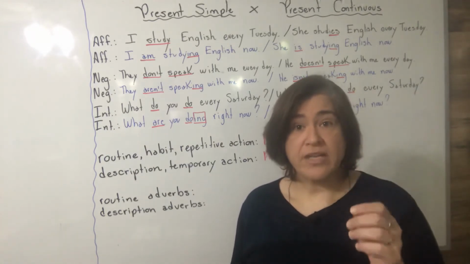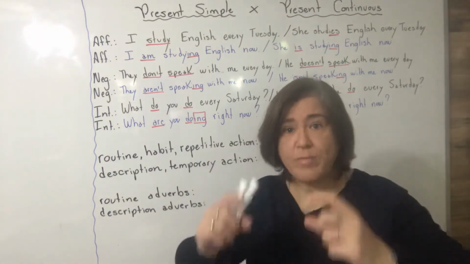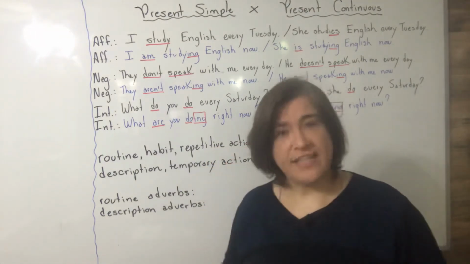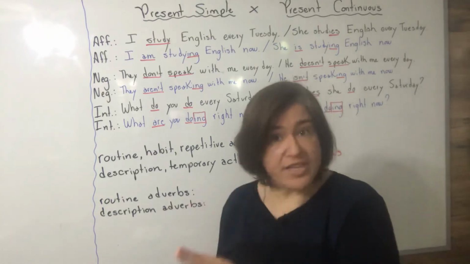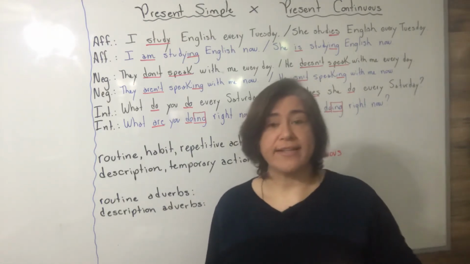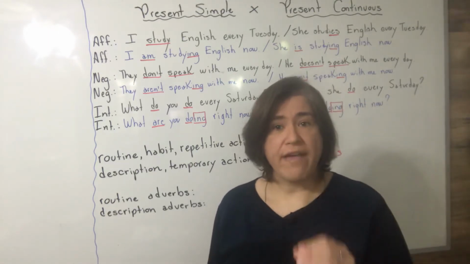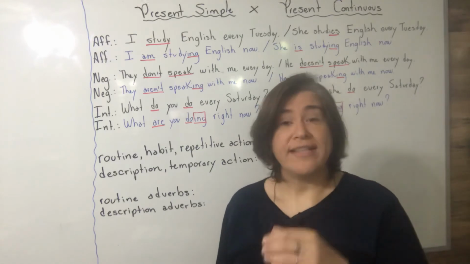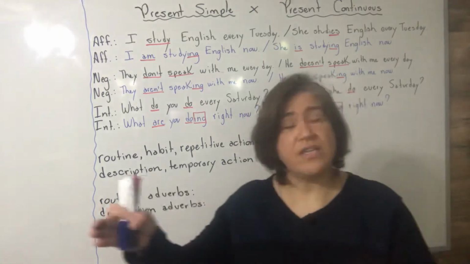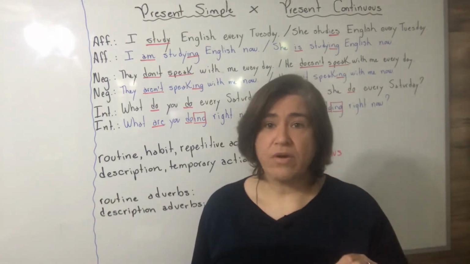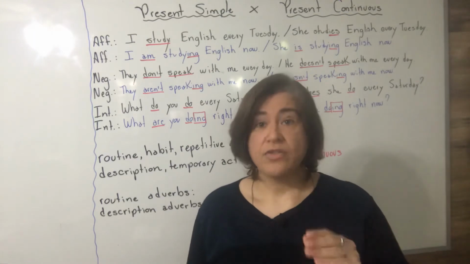The American understands that this moment you are eating a sandwich, okay? Other sentence, you speak to an American. I eat a sandwich every morning. The American understands that you have a routine in your life. Every morning you have a sandwich, okay?